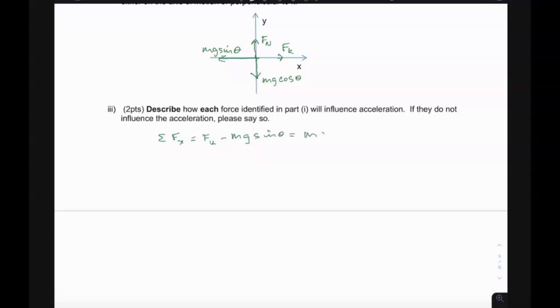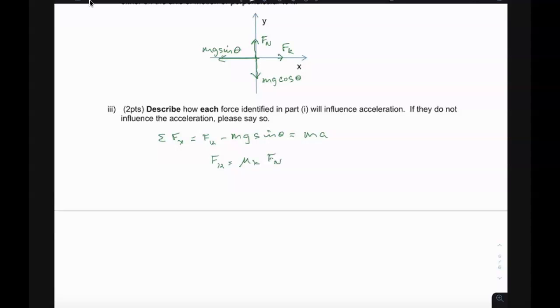And that's equal to m times a. F sub k is equal to mu sub k times F sub n.